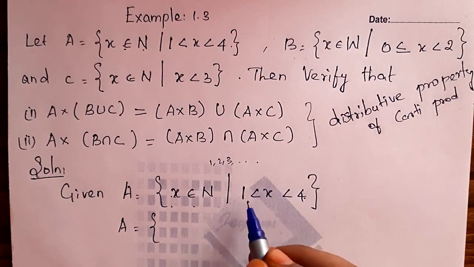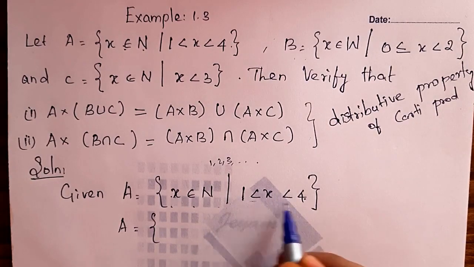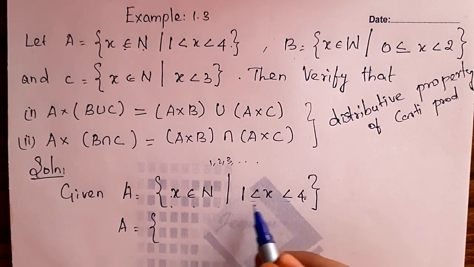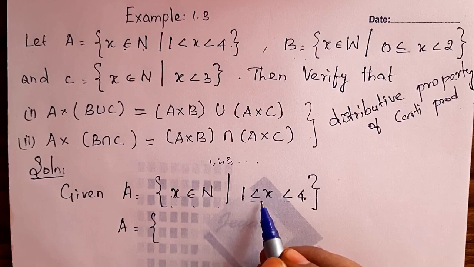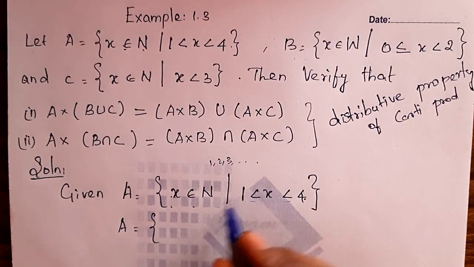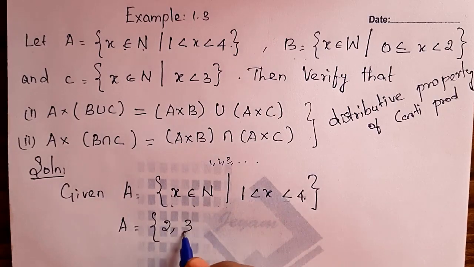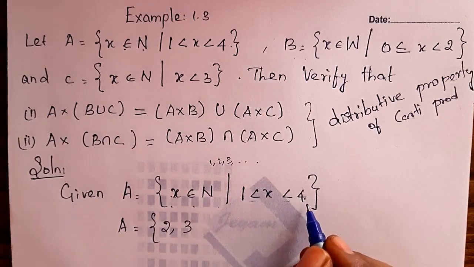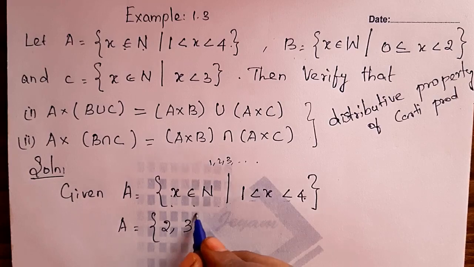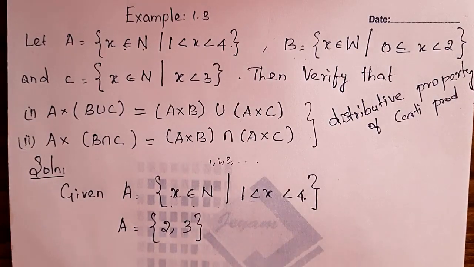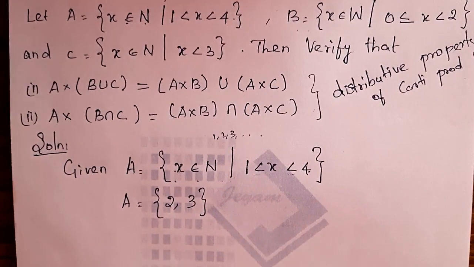But you should not include 1. If there is an equal to, you can include 1 or 4, but there is no equal to, they just gave less than. So the numbers are 2, 3. Do you need to include 4? No need. Okay. That's all. We found out A. Next we can find what is B.